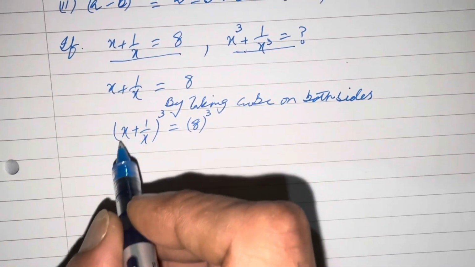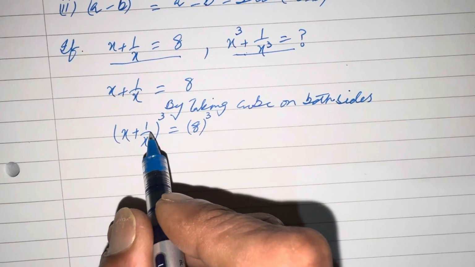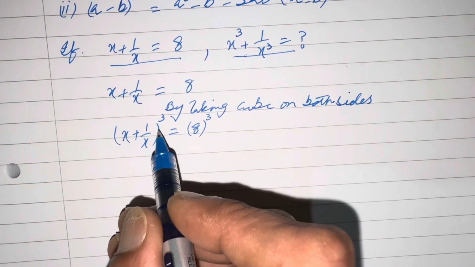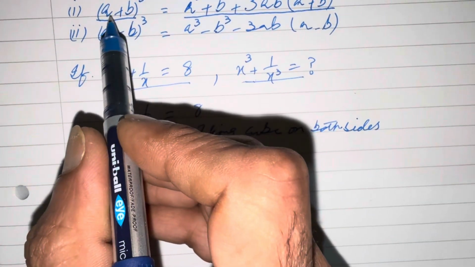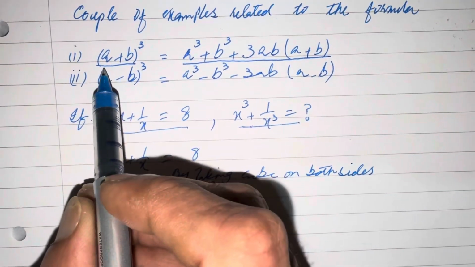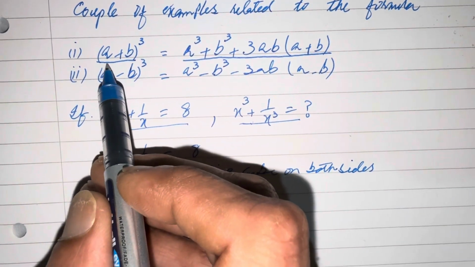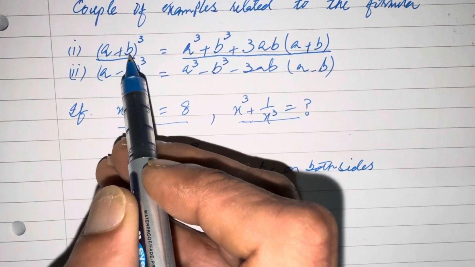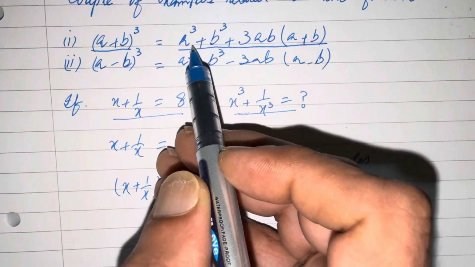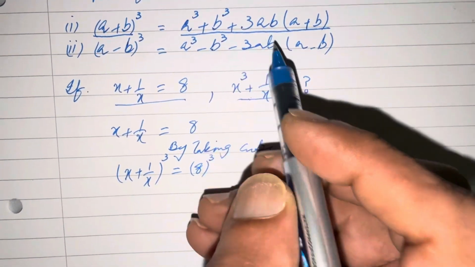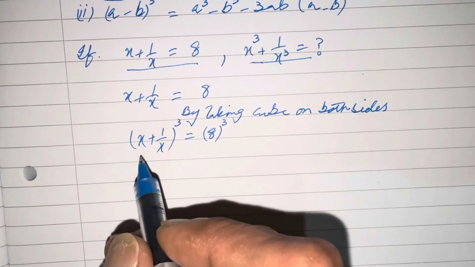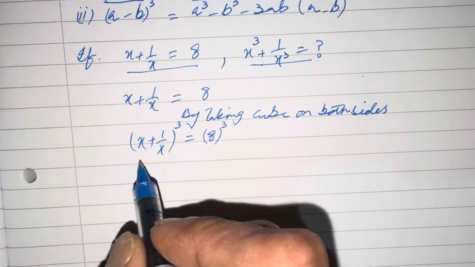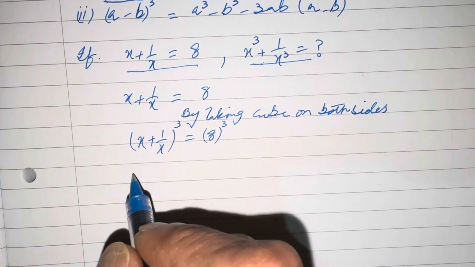So now we have to put the formula that first plus second whole cube, as we have already known about the formula of this a plus b, will always equal to this form. So we are going to open these brackets. What will we get?